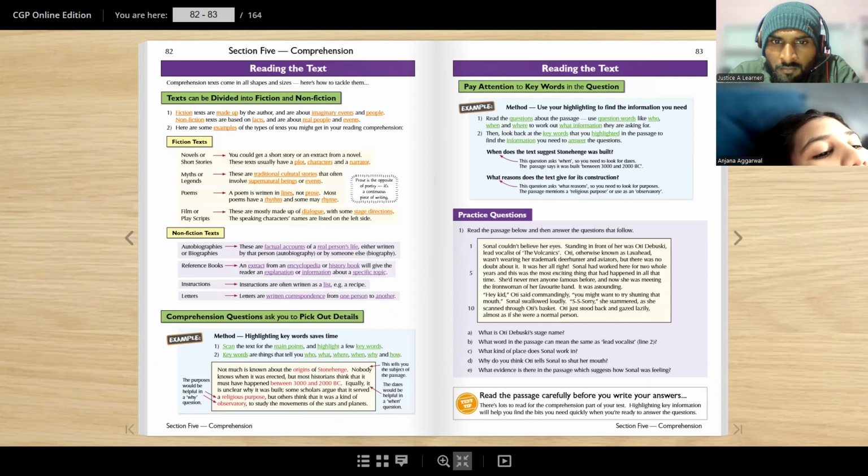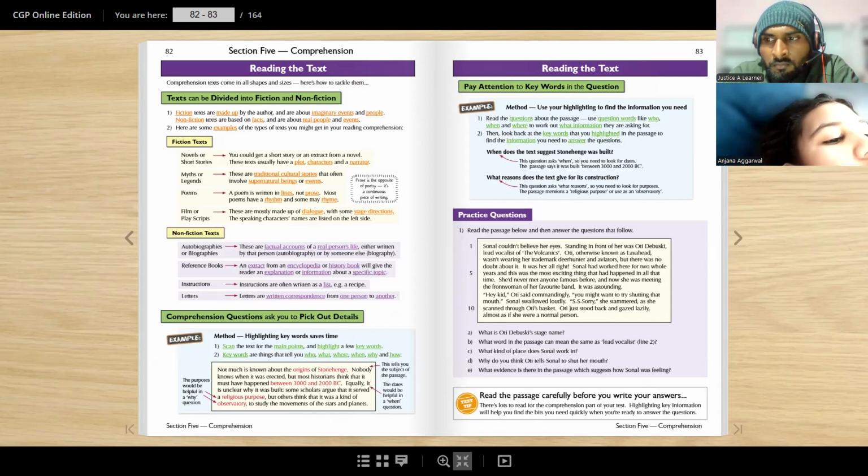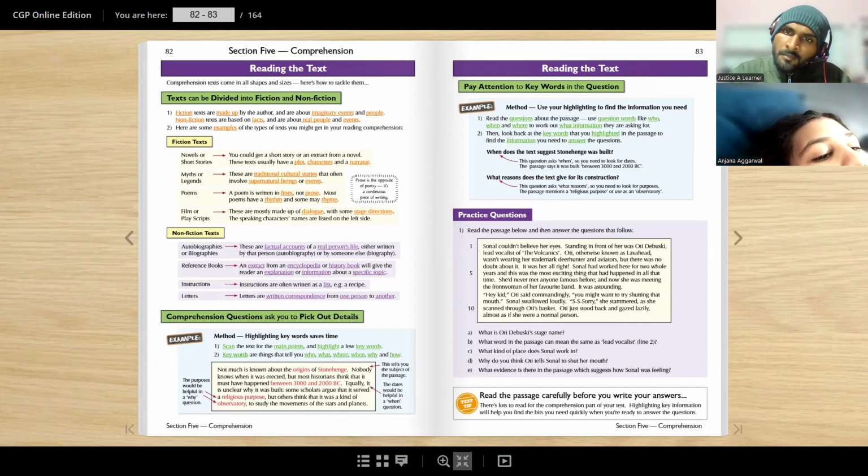This tells you the subject of the passage. Nobody knows when it was erected, but most historians think that it must have happened between 3000 and 2000 BC. The dates would be helpful in a when question.